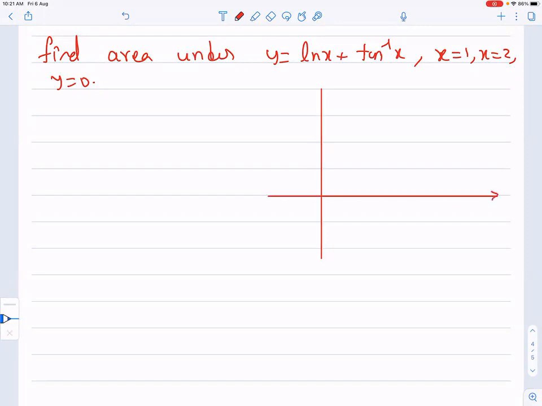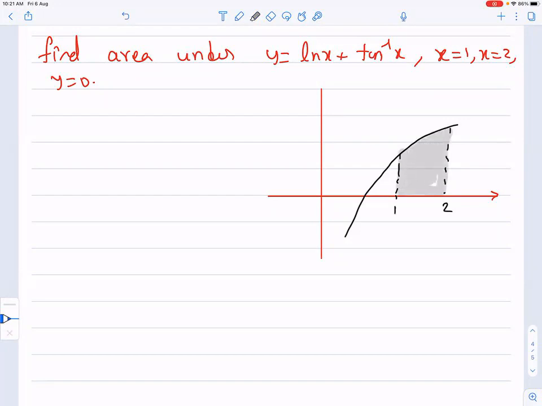Both ln x and tan inverse x are positive from 1 to 2. At 1, ln x is 0, but that's fine. Overall it is positive, and both are increasing curves, so the graph is increasing. We want the area enclosed between the lines x equal to 1 and x equal to 2, which is this one.